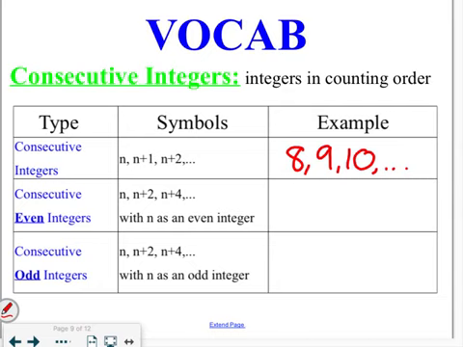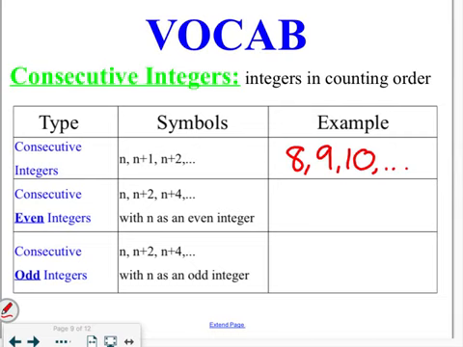We also have two more specific versions talking about consecutive even or consecutive odd. If you notice, the pattern or the symbols for both of those are the same. n, n plus 2, n plus 4. With the even integers, n starts as an even number.